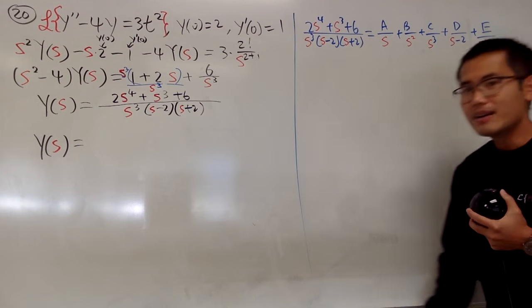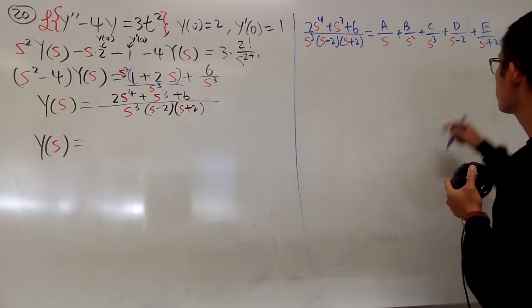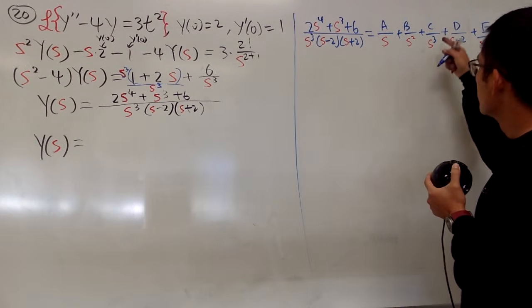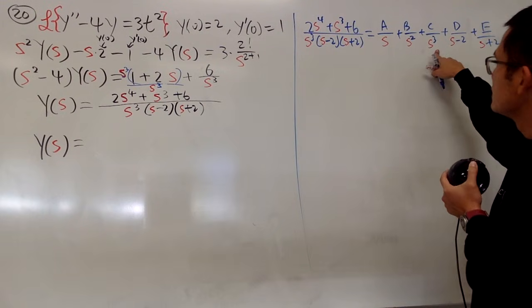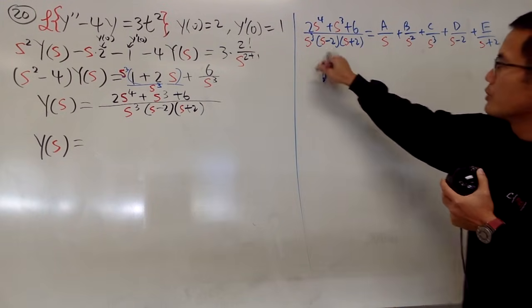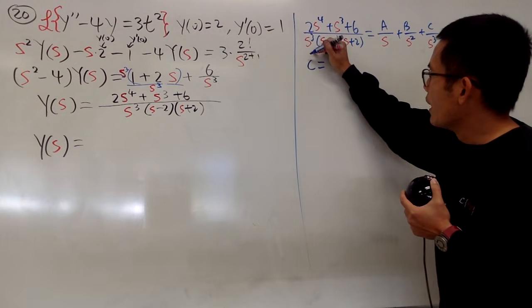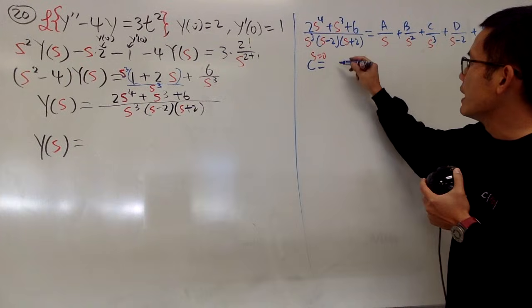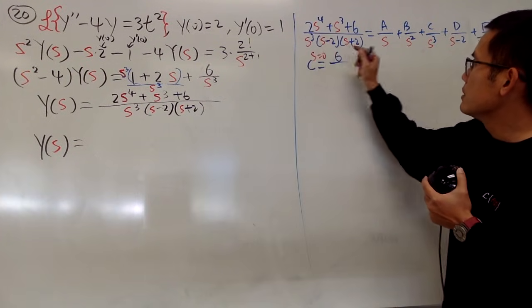God. All right, good news. Three of them we can use cover up. So let's do C first. Because for C, all we have to do is go back to the original and then cover this up. So I'll write this down. C is equal to when s is equal to 0. So you get on the top 6 over, this is up, right?